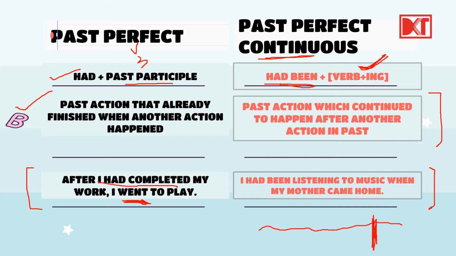That's when we use past perfect continuous, like I had been listening. I hope you understood the broad difference. Past perfect is used for an action that actually happened before the other action, which means the older event, and we use past perfect continuous when an action continued to happen after another action in the past.